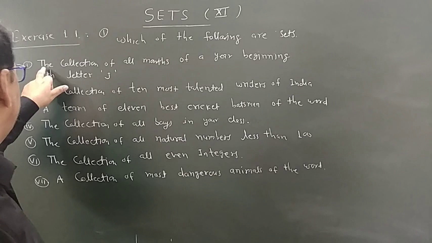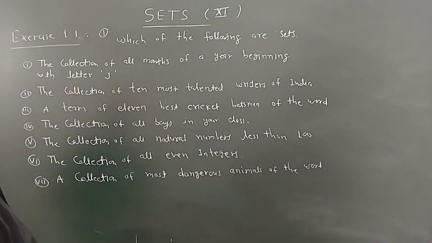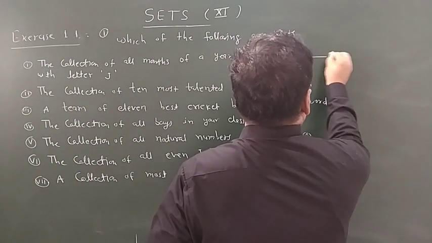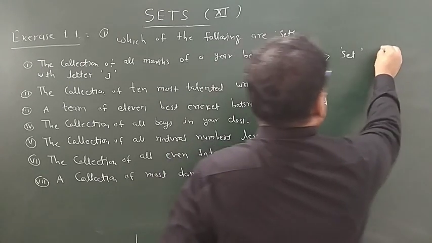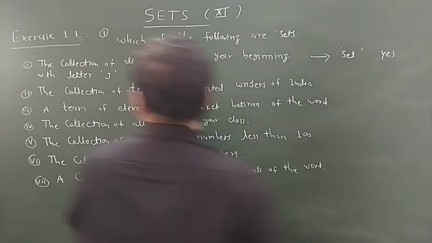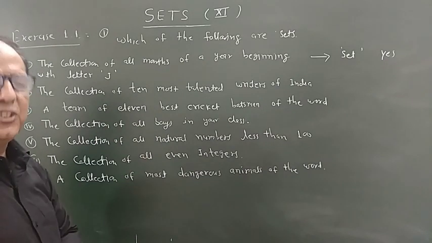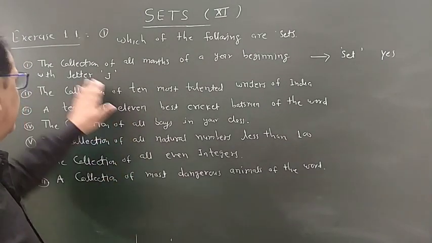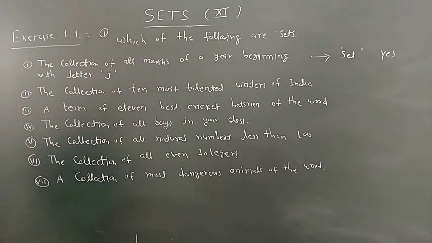The first is the collection of all months of a year beginning with letter J. This is a set. Yes, because the months starting with J are clear: January, June, July. So this collection is definitely a set.